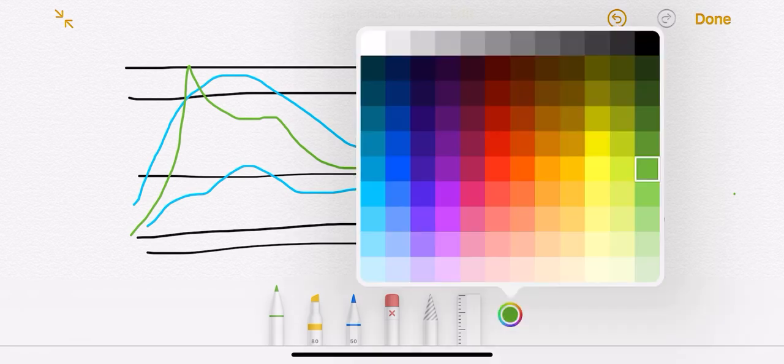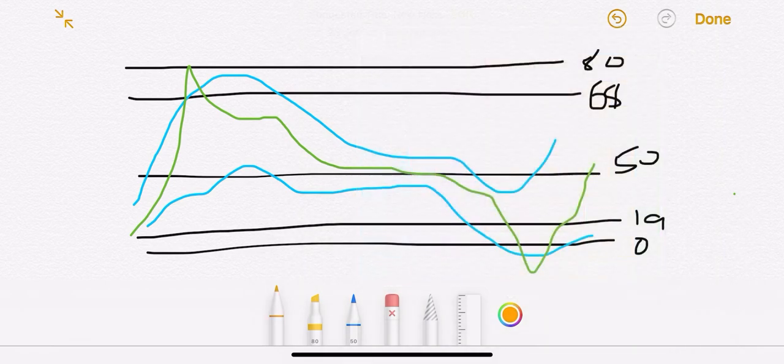Now, we then have what we call the market baseline. The market baseline goes in between, something like this. It is more or less like the 50 level of our TDI.